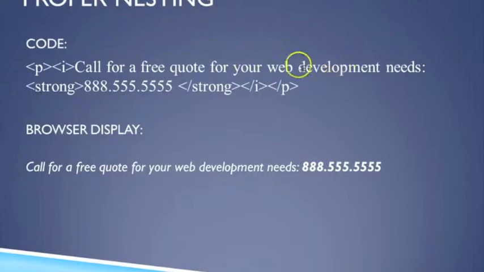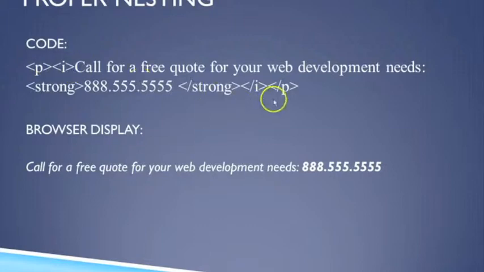So everything in between here is going to be italics. Now notice within that italics tag and the paragraph tag, I have another strong tag. So this is going to be strong, which is usually bold, and here it closes it. So notice that I close the tag for this one, I close this tag for the one here, and then close the P for the paragraph over here.